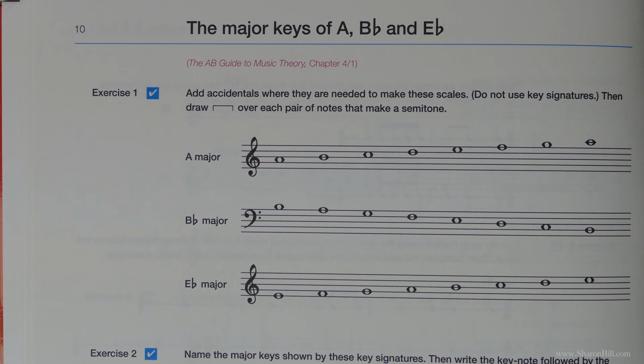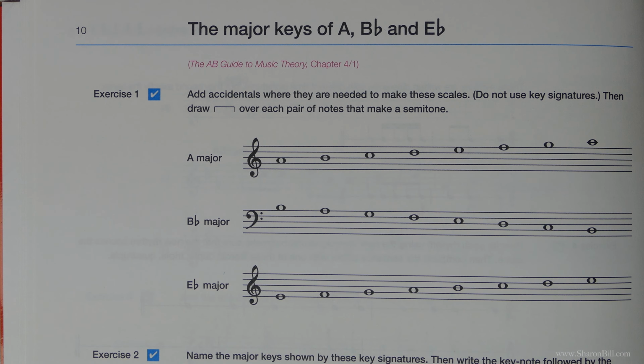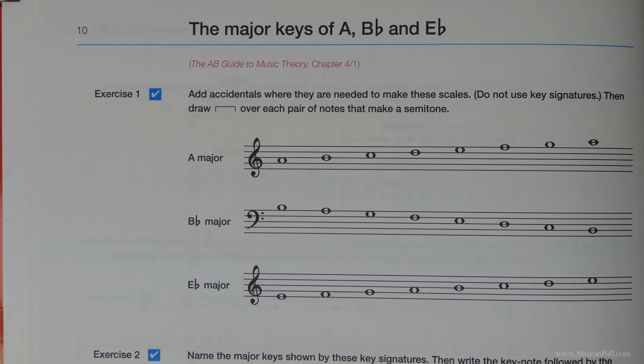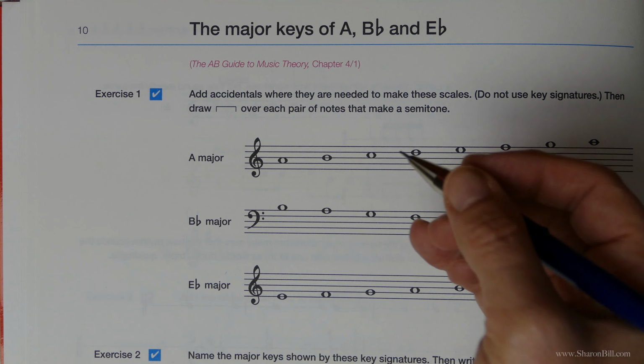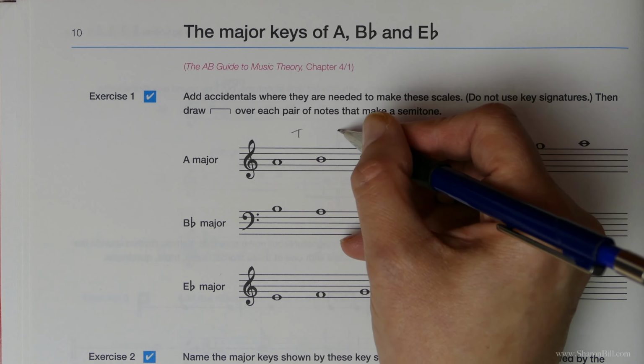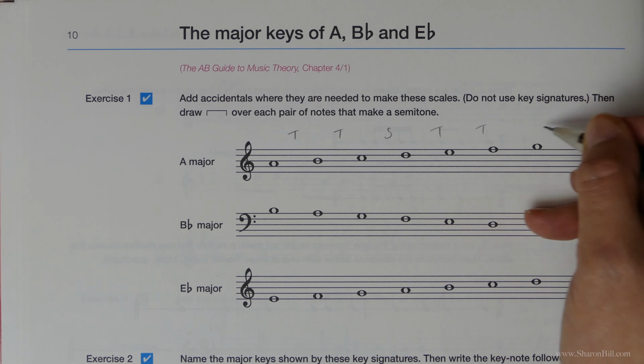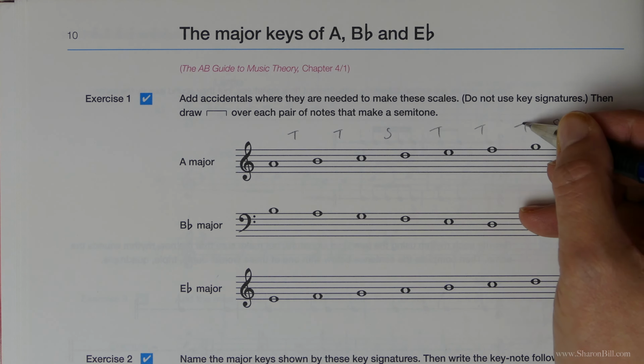If I just refresh your memory, a major scale is made up of a mixture of tones and semitones, and the major scale is made up of the progression tone, tone, semitone, tone, tone, tone, semitone.